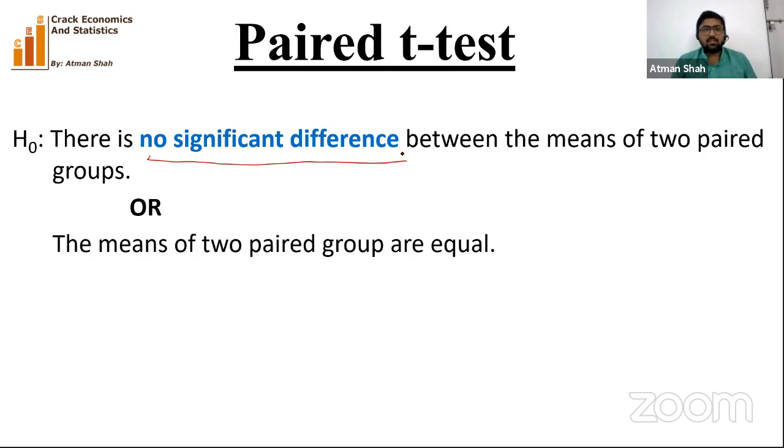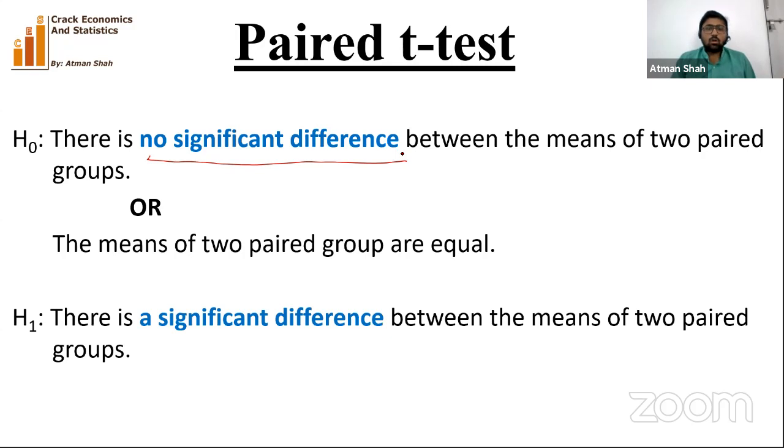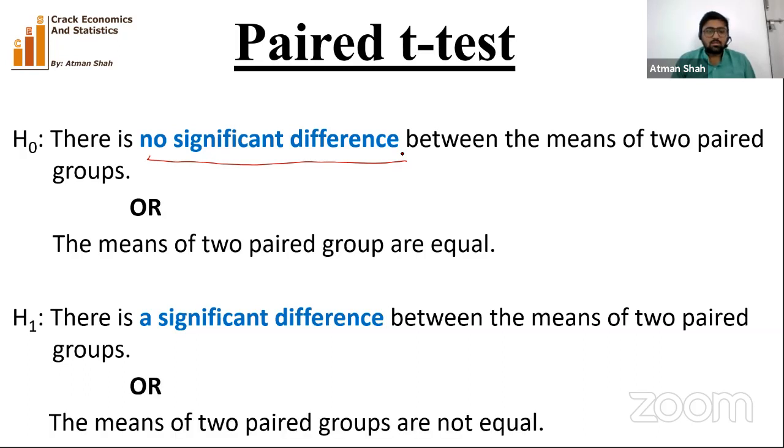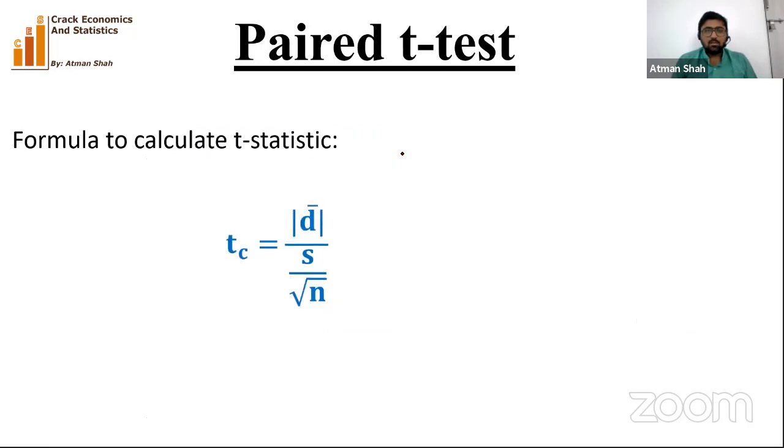We can also write that the sample mean of the first group is not significantly different from the second group. The alternative hypothesis is that there is a significant difference between the means of two paired groups, or the means of two paired groups are not equal. So this is how we can frame the null and alternative hypotheses in the case of a paired t-test.